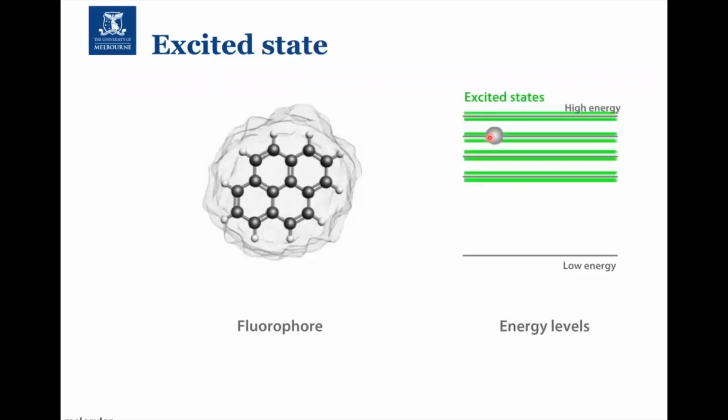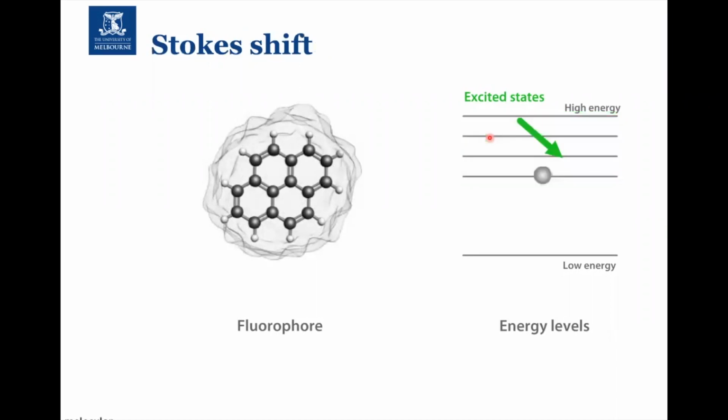So that's the molecule sitting at the excited state. What happens is very, very quickly it will transition down to this lowest excited state. And this is something that we'll call the Stokes shift, and I'll reiterate that in a few slides' time as well.